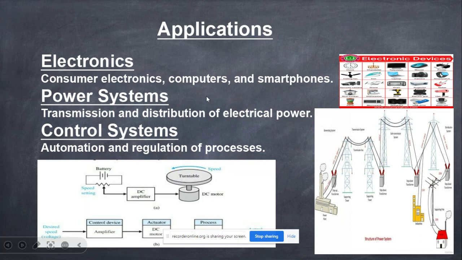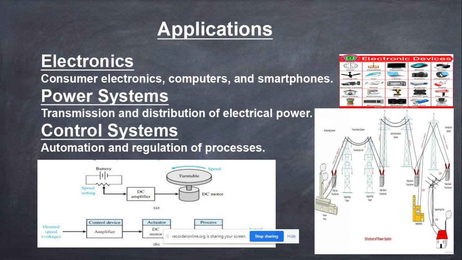Another one is power systems, which is transmission and distribution of electrical power. As you see in the picture, this is the power plant and it goes to a step up transformer. The stepped up power is transmitted through power transmission towers, right? After that is the step down transformer.